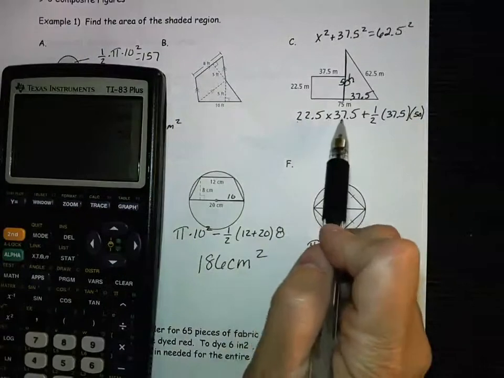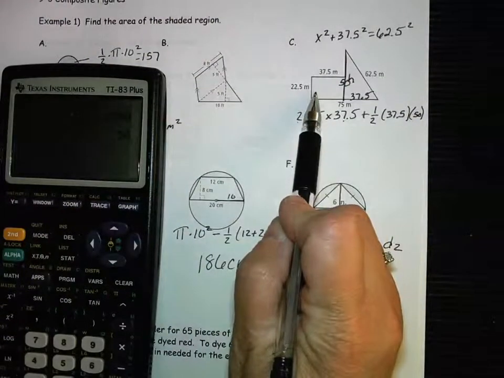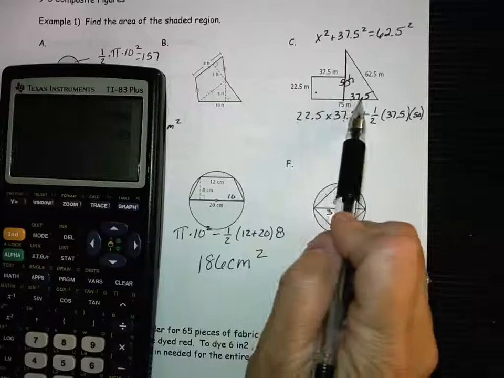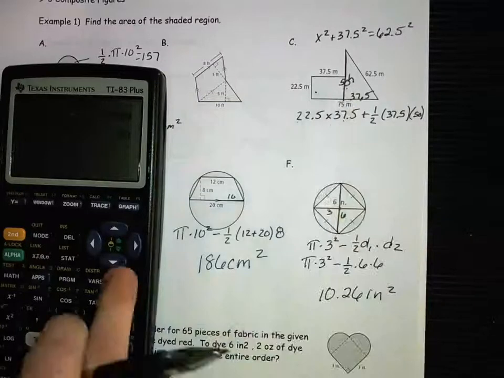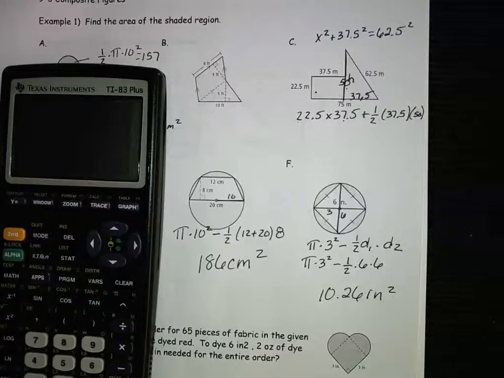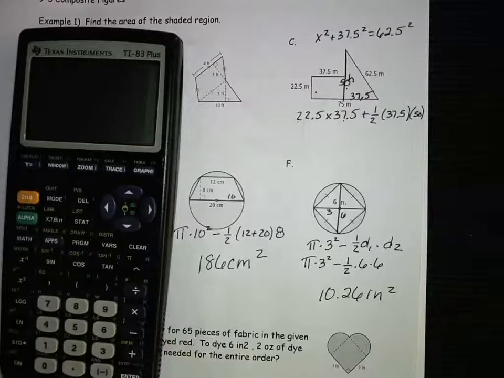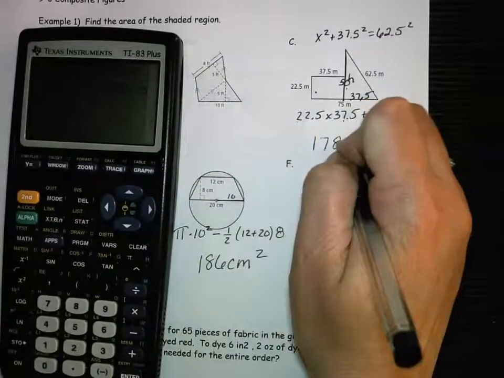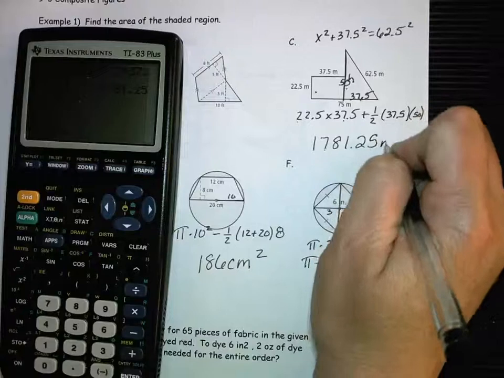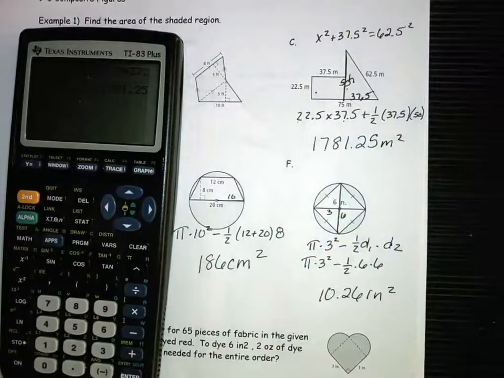So these two, when we multiply them, give us the area of the rectangle. 1/2 base times height, and we had to figure out the height with the Pythagorean theorem. So 22.5 times 37.5 plus 0.5 times 37.5 times 50, and you end up with 1,781.25 square meters.